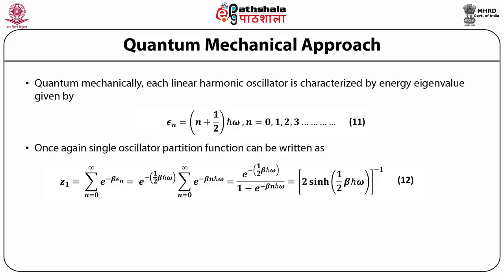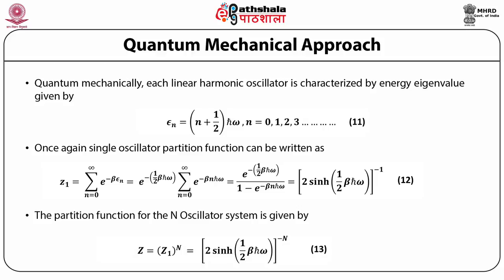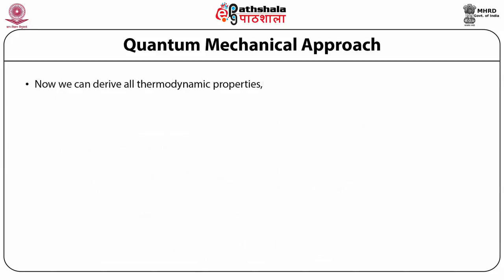This is equal to e raised to the power minus half beta h bar omega divided by 1 minus e raised to the power minus beta h bar omega, which is equal to 2 sinh of half beta h bar omega, raised to the power minus 1. The partition function for the N oscillator system is then given by Z equal to Z1 raised to the power N, which is equal to 2 sinh of half beta h bar omega raised to the power minus N.